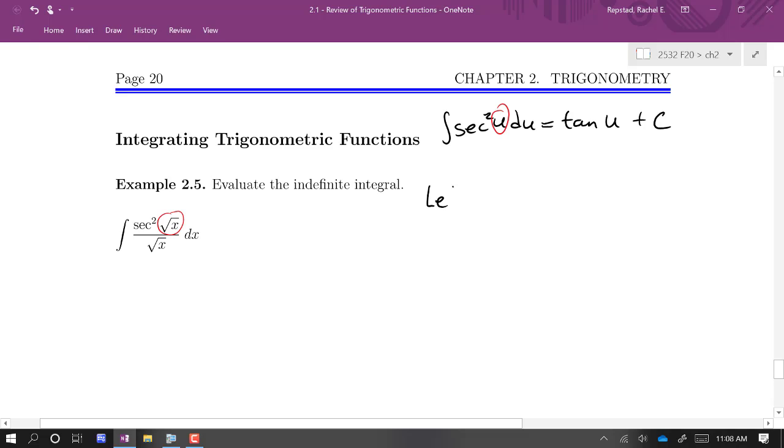So let's let u equal the square root of x. I'm going to write that as x to the 1/2, because when we're making a u substitution, the first thing we do after we pick u is we have to find du dx. So du is 1/2 x to the negative 1/2 using the power rule, and then dx.